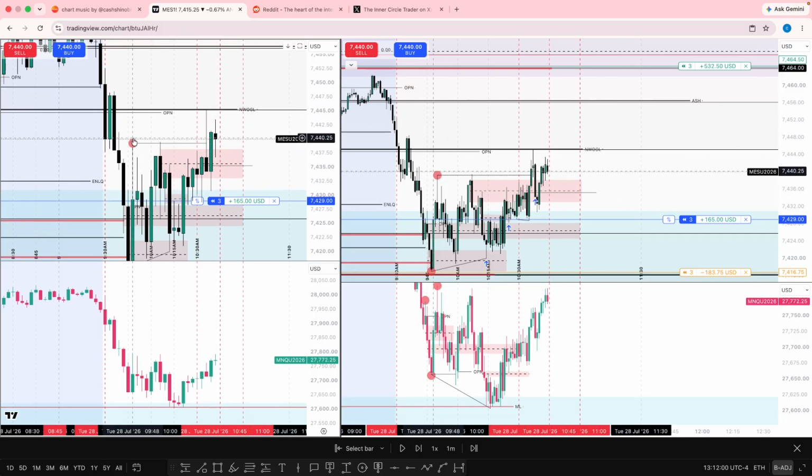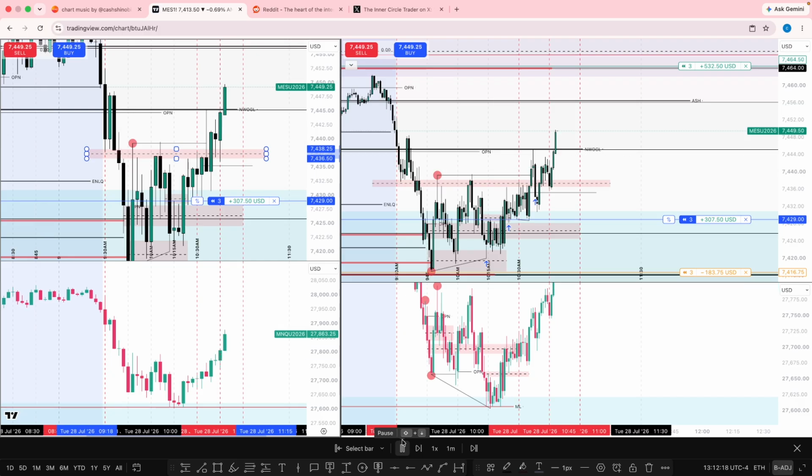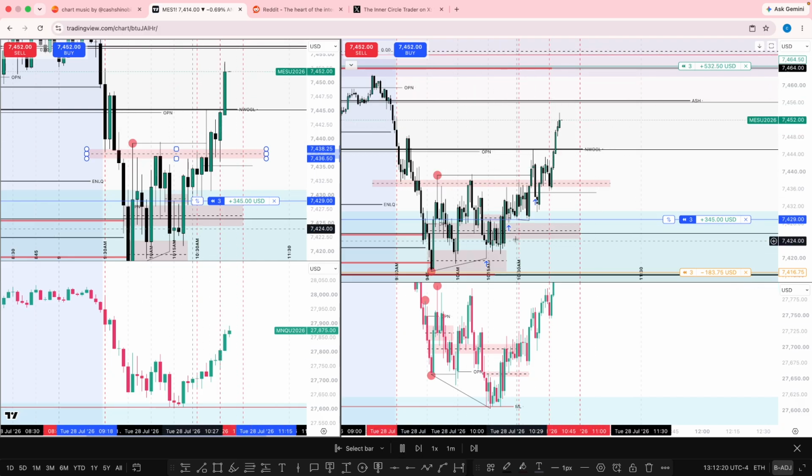This imbalance, you could draw all this across, study them. Play price above.